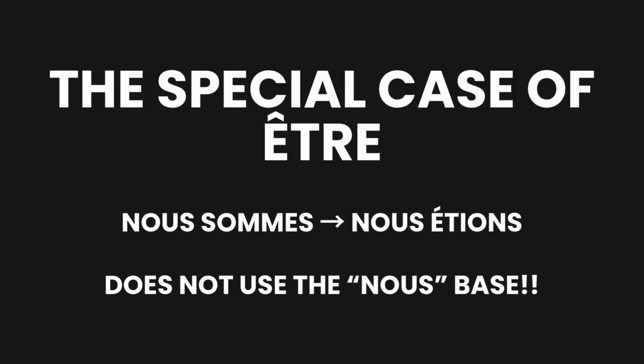So you're not using the base of the nous form. You're going to use ét, with an accent aigu and T. For example, j'étais, tu étais, il était, nous étions, vous étiez, ils étaient. Because être is one of the most common verbs in French, it's worth memorizing these forms.